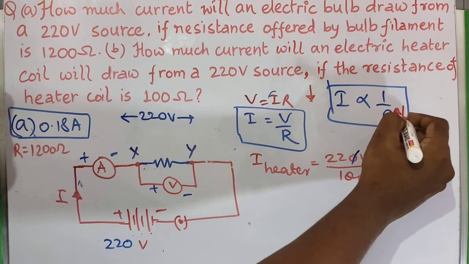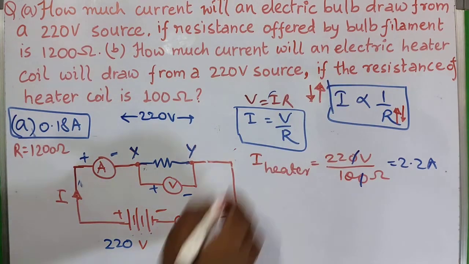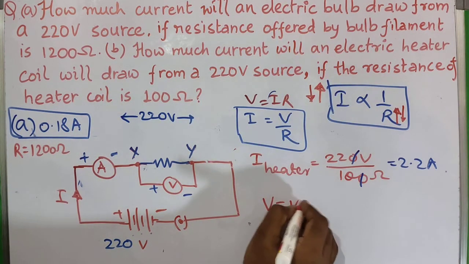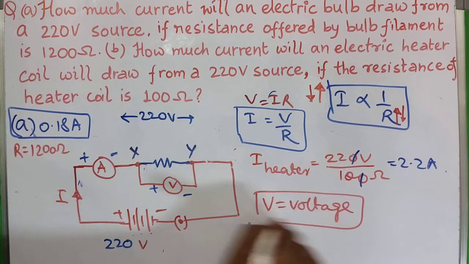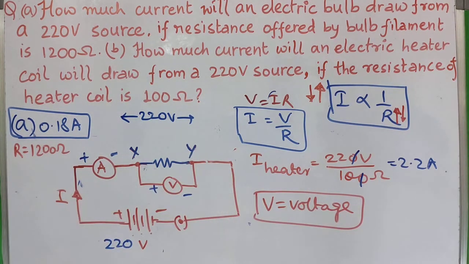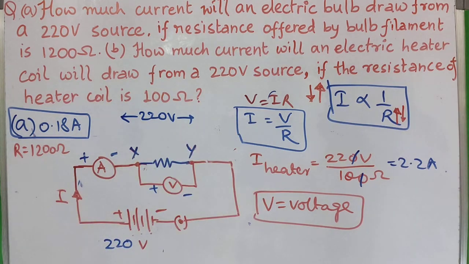When the resistance decreases, the current increases. This is the case when voltage is constant. So when the potential difference across a given conductor is kept constant, then the current is inversely proportional to the resistance. This is what we have learned today.